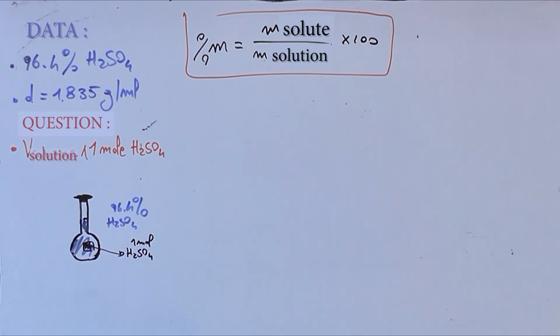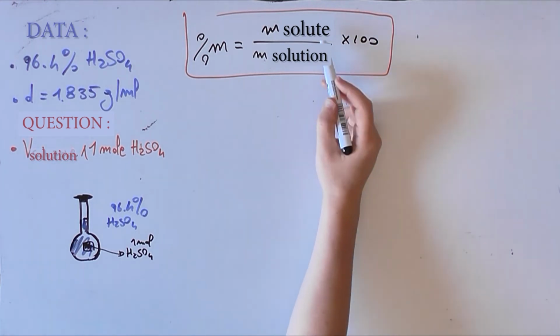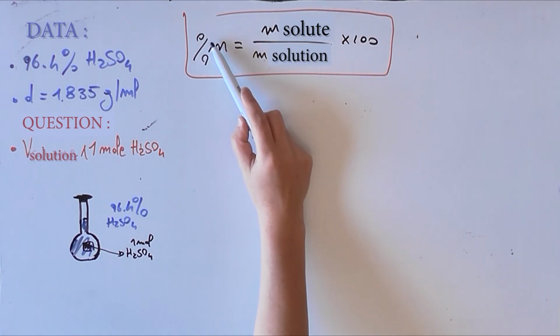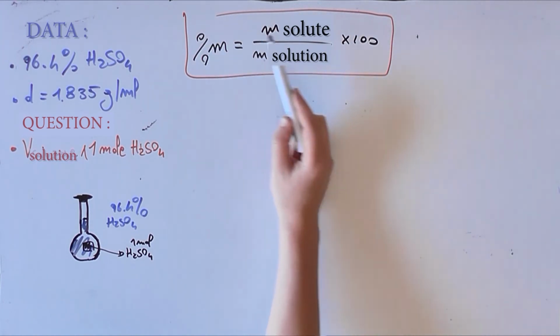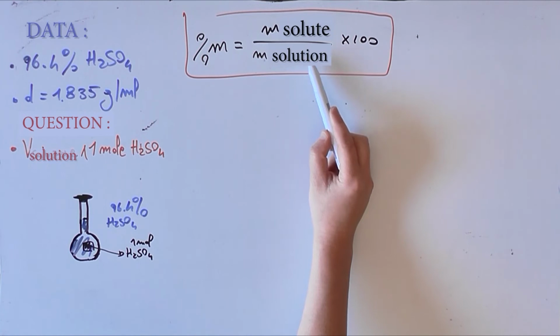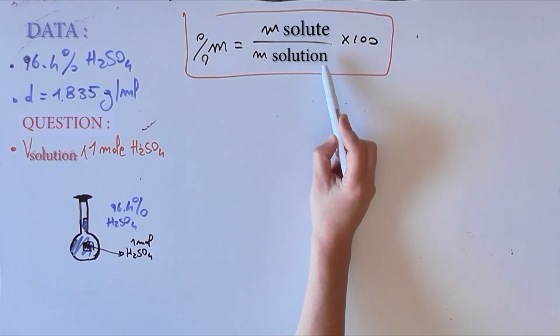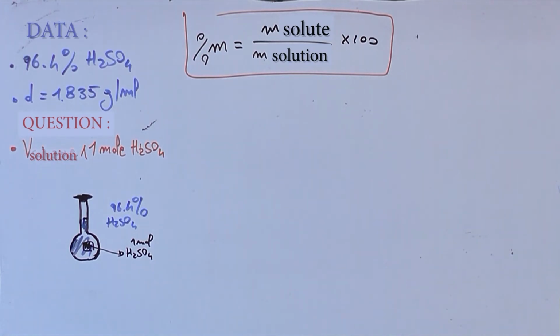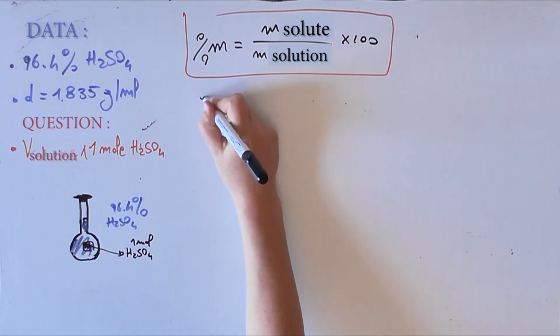So to solve this problem, we have to think that 1 mole of sulfuric acid has a weight. So I can put this mass inside the formula, and then also I can put inside this formula the percentage, to calculate the mass of solution which is containing this mass of solute. Then using the density, I can convert this mass of solution in volume, and this is the question of my problem.